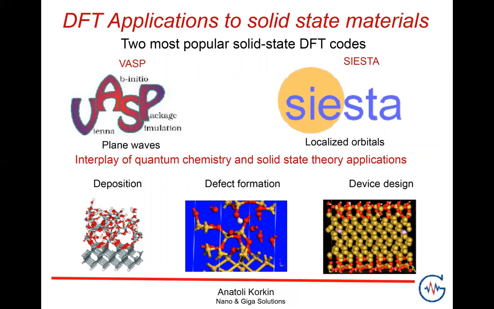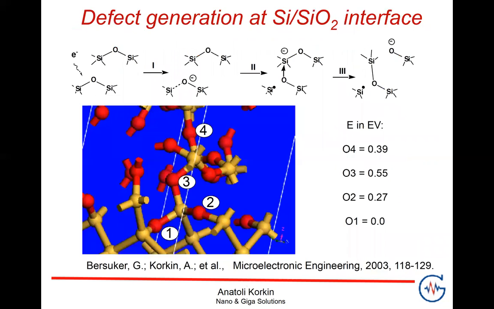VASP uses a plane wave basis, and SIESTA uses local orbitals. You can apply these methods in solid state density functional theory to phenomena such as deposition, defect formation in device design, or at the atomic scale.